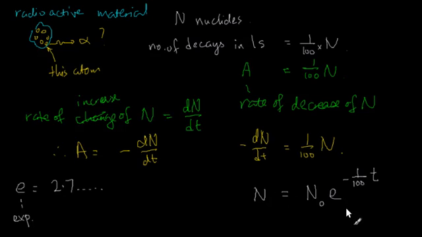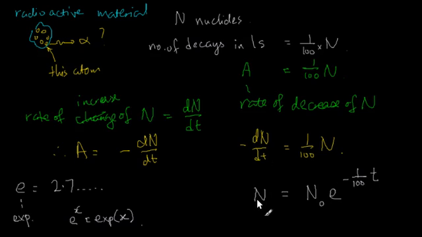So if I have e to the power of x, it can also be written as exp bracket x. These are the notations. So e is actually a number 2.7 something, to the power of this, where t is the time.